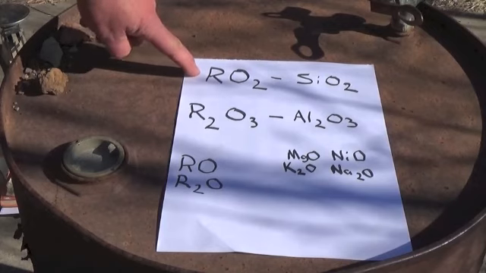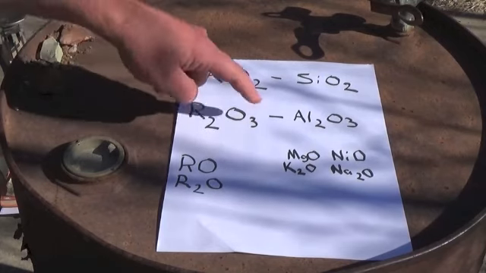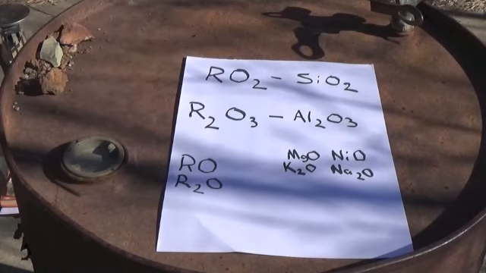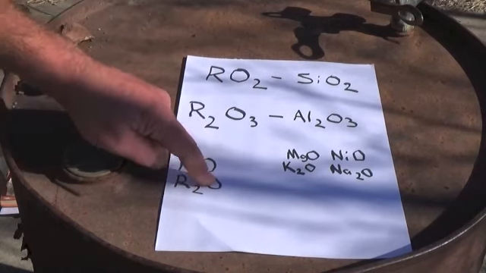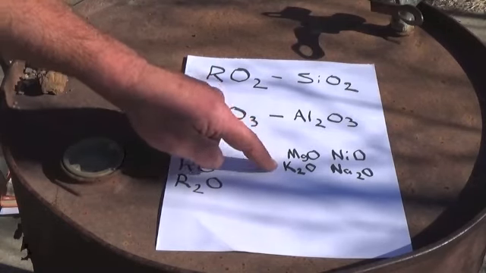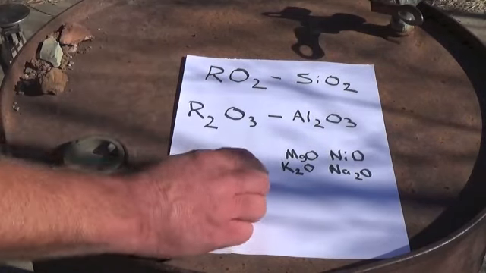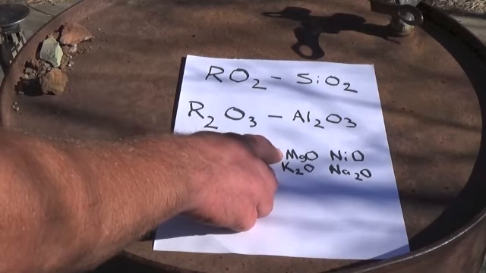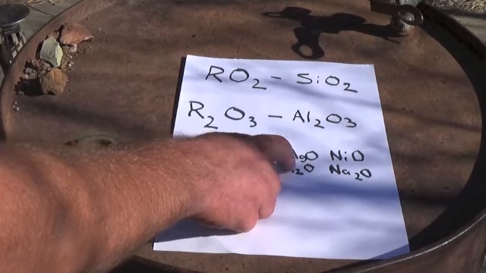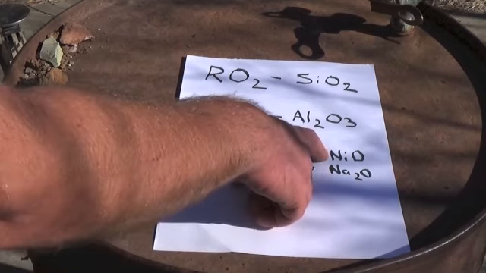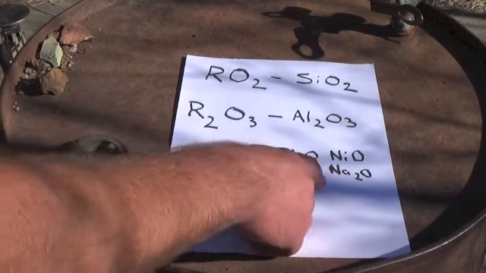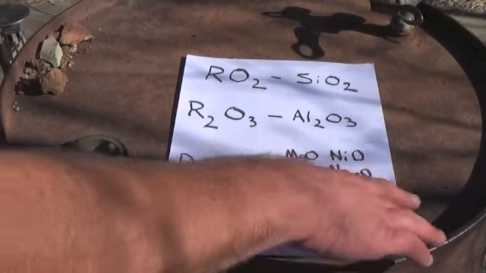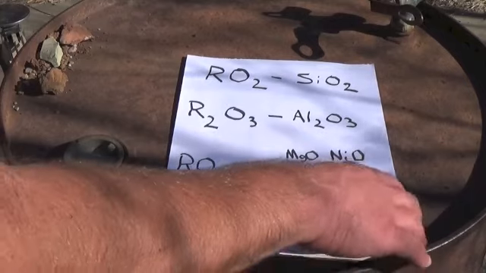RO2 is your glass former, R2O3 is your hardener, and RO or R2O are your oxides of things like potassium, magnesium, sodium, nickel, and these cause this to melt. So that's just two different ways to look at it.